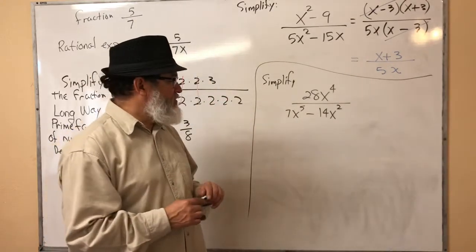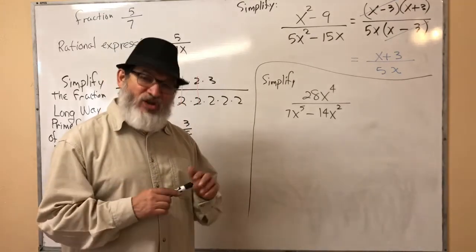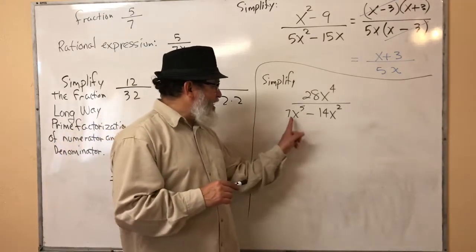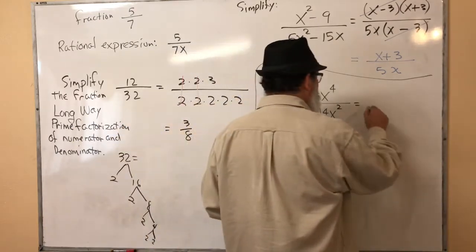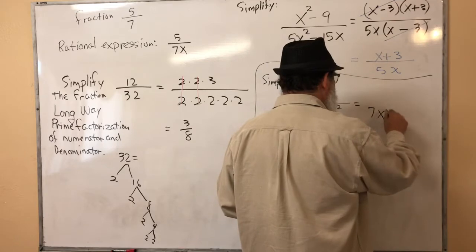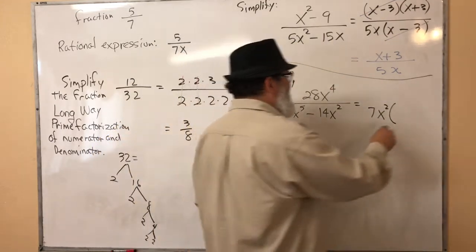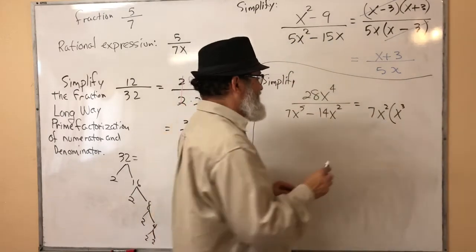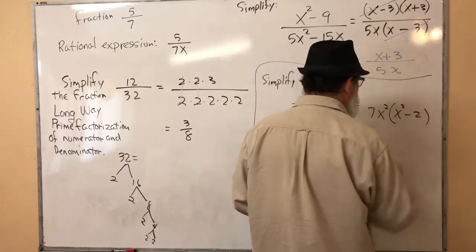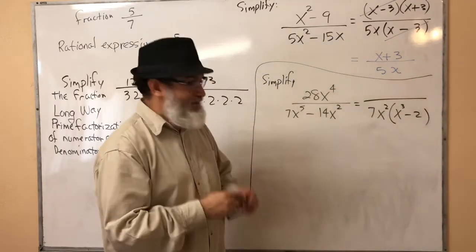In the denominator, what can you factor out first? Let's take out a 7x squared. The 7x squared comes out times what? X to the 3rd times what? Minus 2.